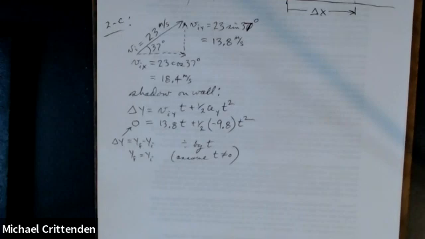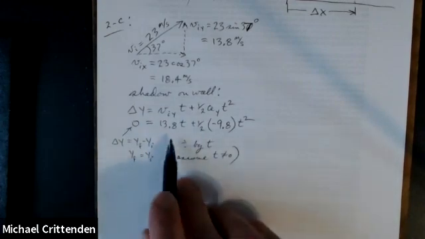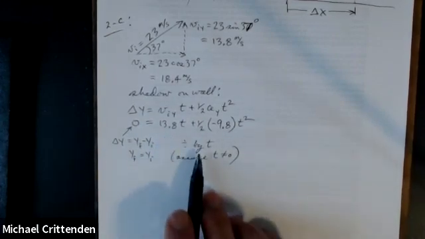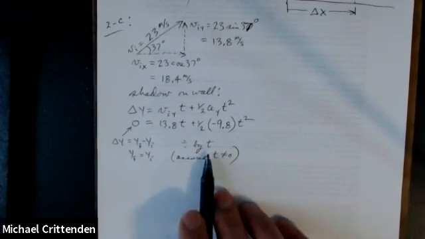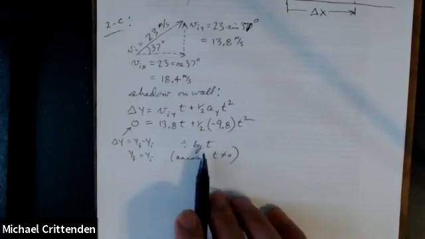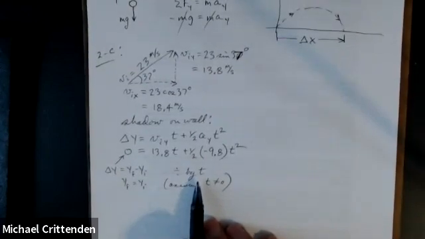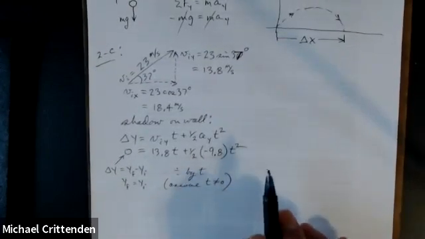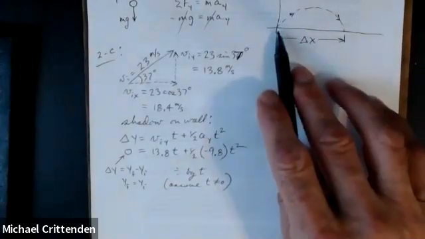But what seemed like the simplest thing to me is just divide through by t. Of course, the ultimate no-no in mathematics is to divide by 0. So it is worth pausing for a moment and saying to yourself, the time is not 0, because obviously it takes a non-zero amount of time for the ball to go up and come back down.